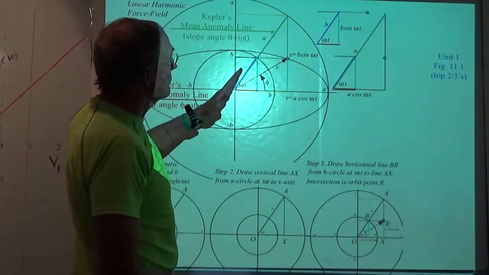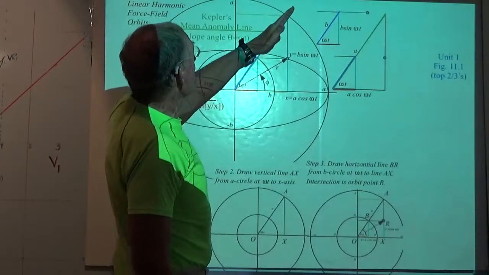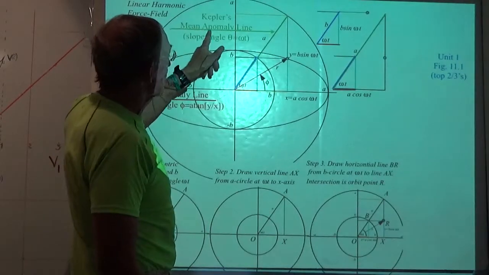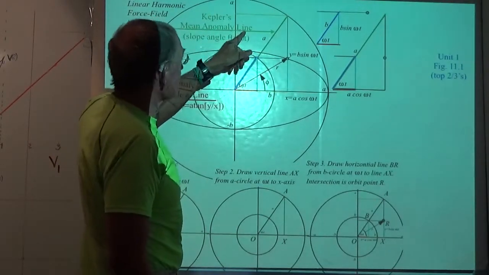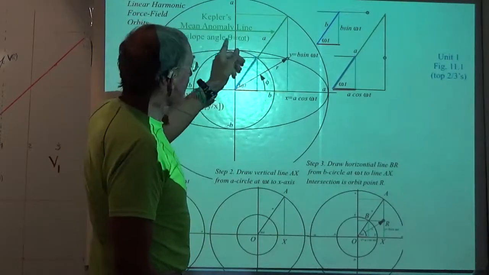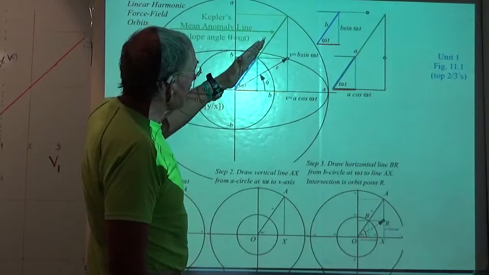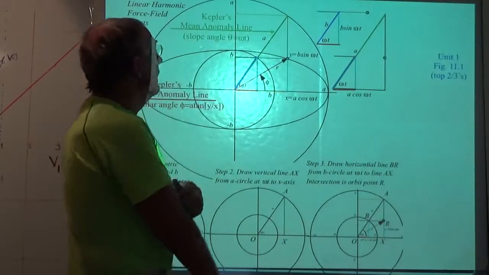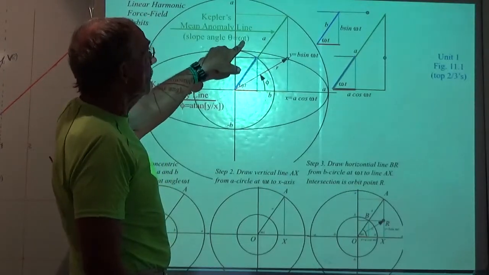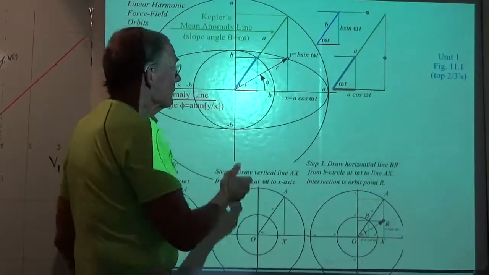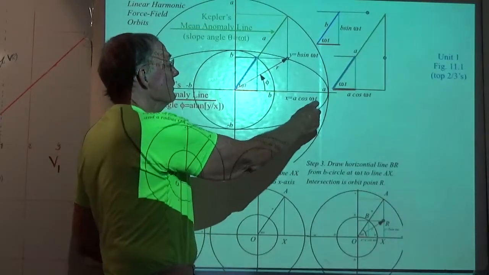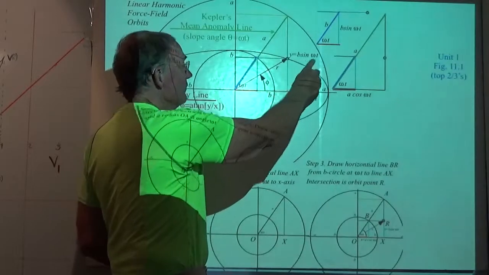What you do is you just pick an arbitrary line, this is called Kepler's mean anomaly line in his construction of Coulomb orbits. It has a slope angle given by the angle theta, and the theta will actually be omega t. And we can prove that very easily by just looking at the algebra of x equal a cosine omega t and y equal b sine of omega t.